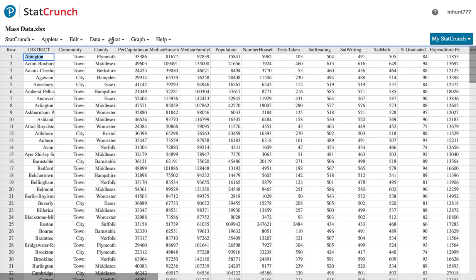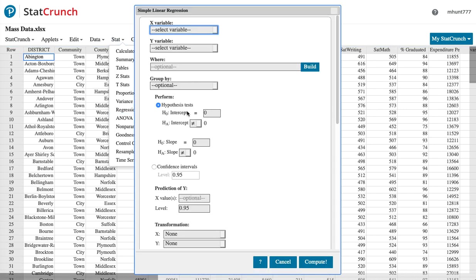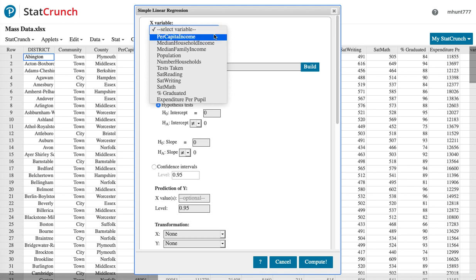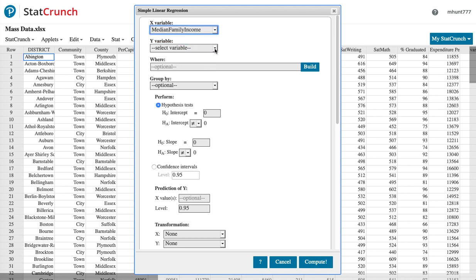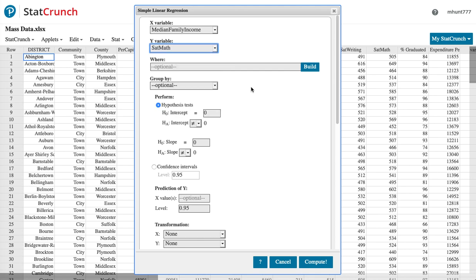So for demo's purposes, we're going to go under Stat, Regression, Simple Linear. And the X variable is going to be median family income. And we're going to see what is the impact of median family income in predicting the math SAT score, which is our dependent variable.